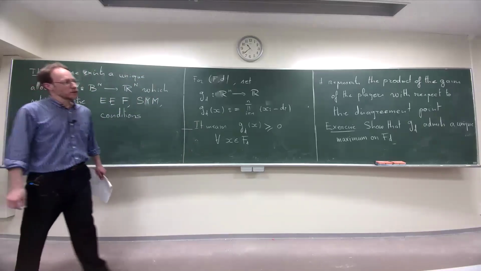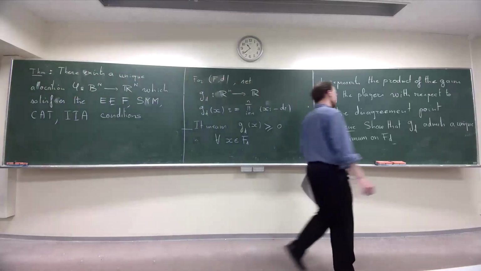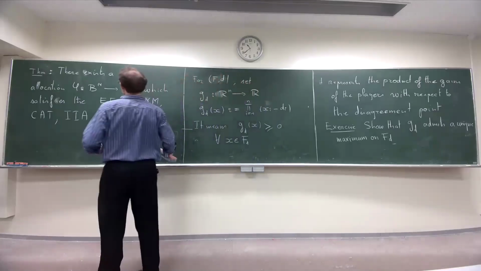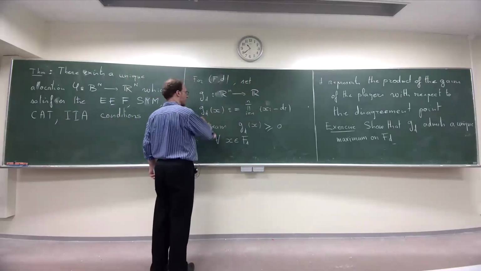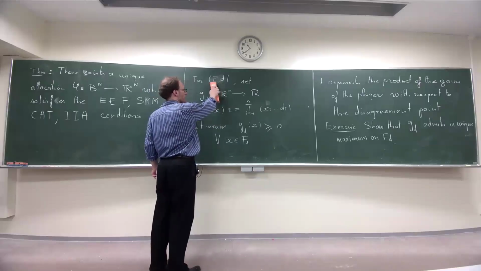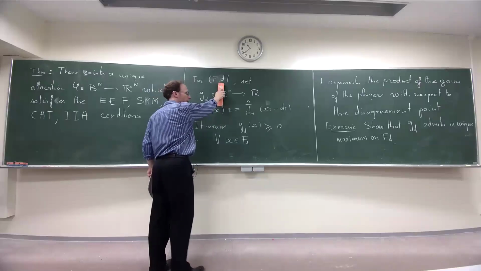Oh, but once you know that there exists a unique maximum on FD, so let me keep this. So I define this function. This function, be careful, is well defined for all bargaining problems.